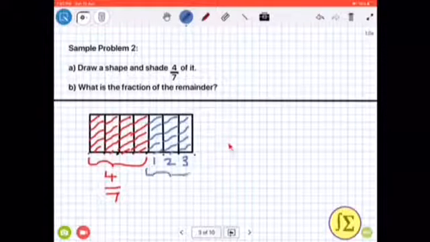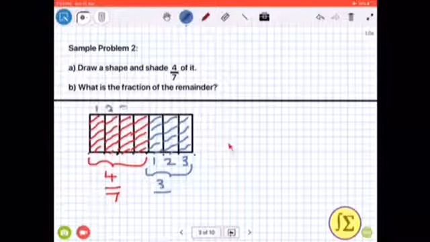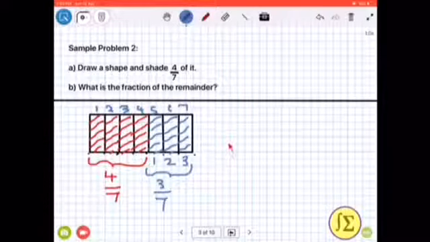So the remainder's fraction will be 3 over the total. There are 1, 2, 3, 4, 5, 6, 7 slices. Okay, so the fraction of the remainder is 3 over 7, right? This is the answer for B.